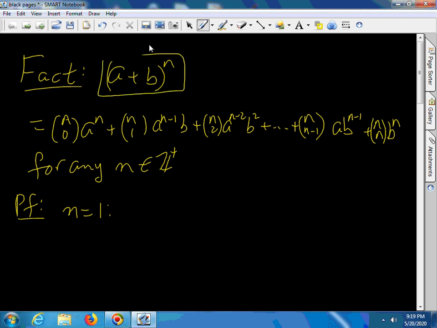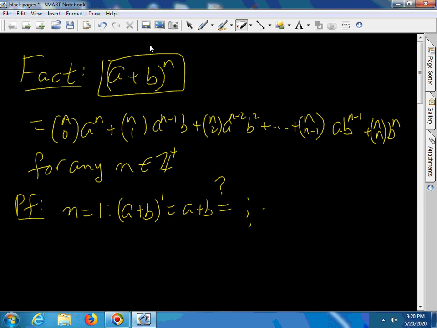The left side is going to be (a + b) to the 1, which is just a + b. Now, does it equal the right side? Well, n is just 1.